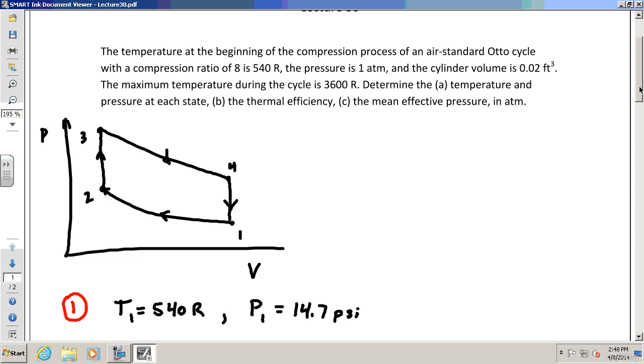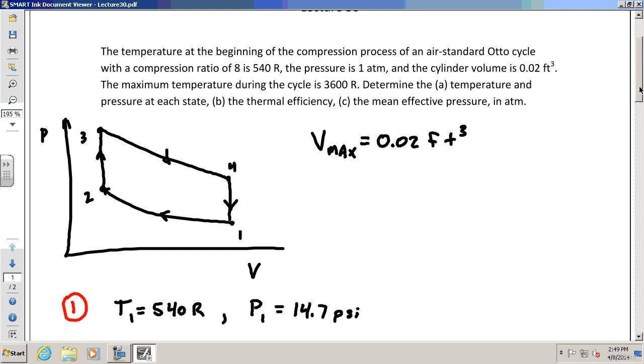That's like room temperature, maybe a little warmer, but whatever. And there's the pressure. And a cylinder volume. Your max cylinder volume is 0.02 feet cubed. So there you go.